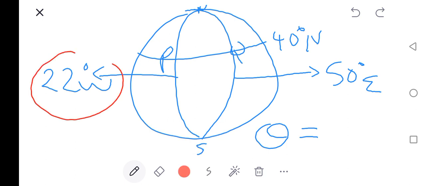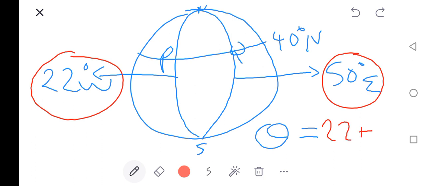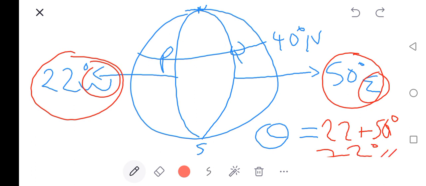These are angles in longitude, 22 plus 50 degrees. We are adding because there is east and west. So this will give us 72 degrees. That's how you work out these figures. This is the angle here.